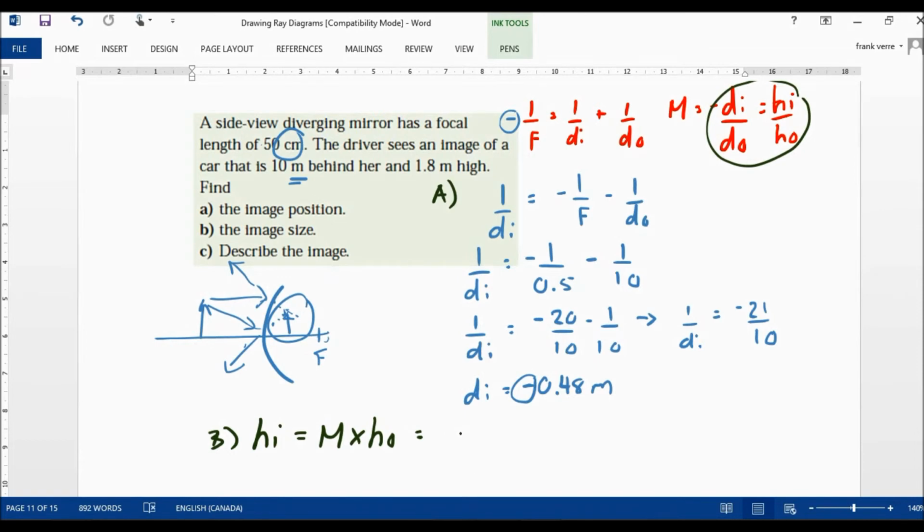We could say negative di over do is equivalent to hi over ho. So when we rearrange this, we get hi is equal to negative di over do times ho, where basically di over do substitutes for magnification.